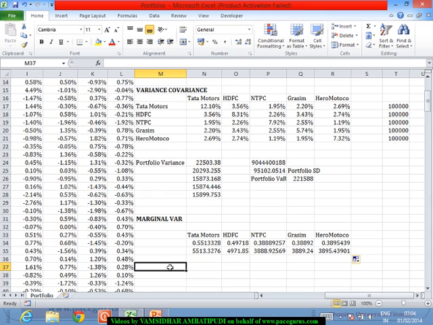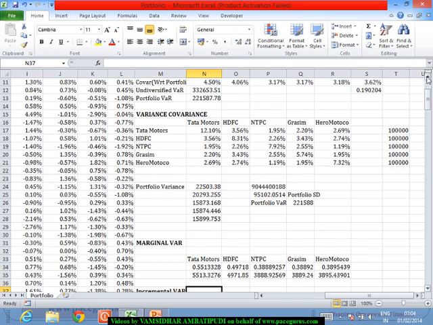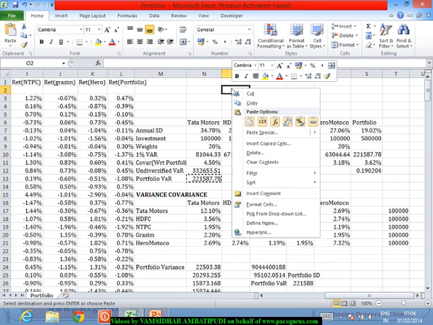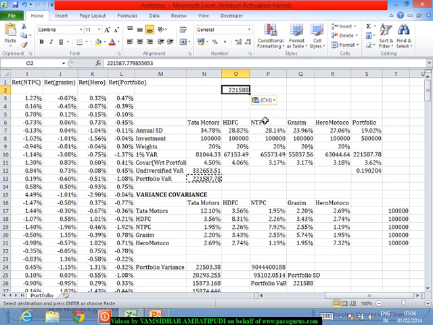But a better version of marginal VAR is what we call incremental VAR. What we do in the incremental VAR is directly change the investment. Instead of 100,000, let me take this portfolio VAR fixed somewhere.